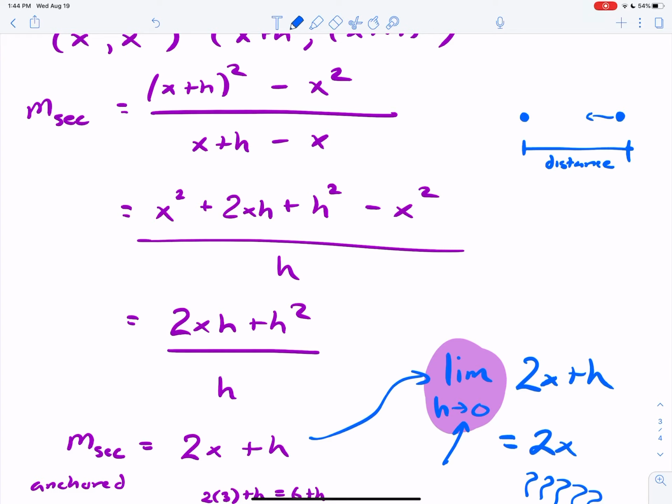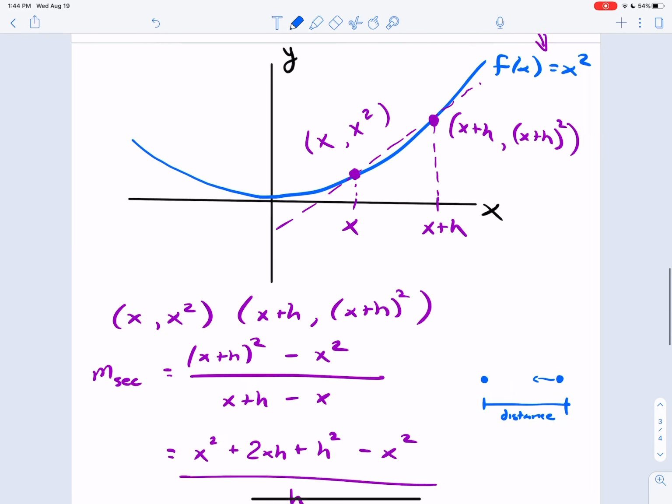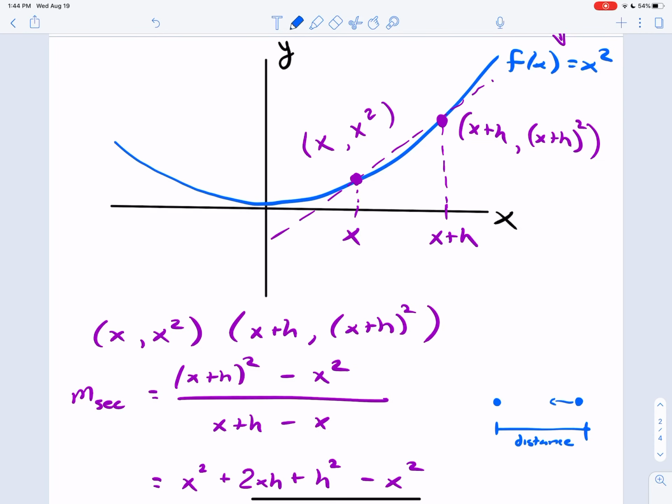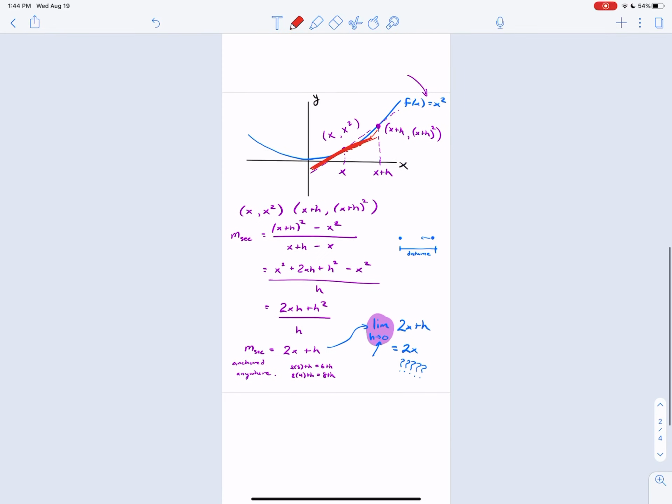When you take 2 points, and I'll illustrate this in the next lesson with Desmos, and you scoot one closer and closer as much as possible, eventually that secant line will turn into a line that intersects the curve only once. We call that the slope of a tangent line, also known as an instantaneous rate of change. More on that in a second.